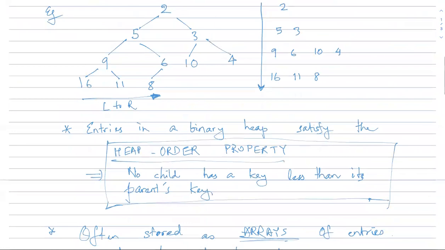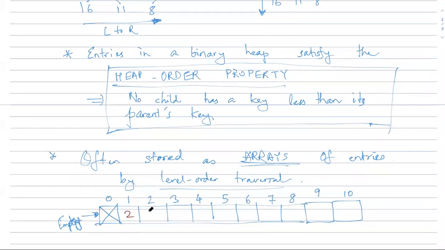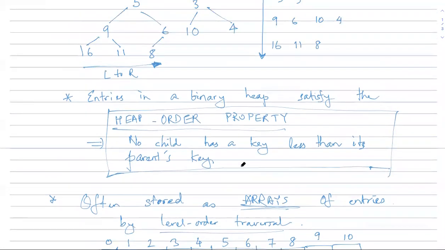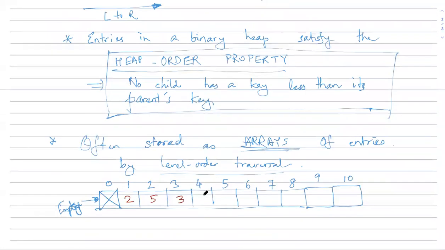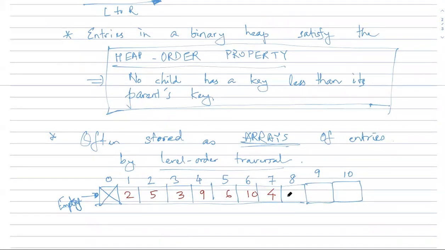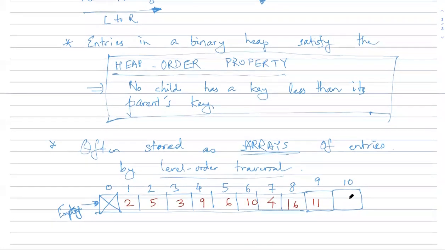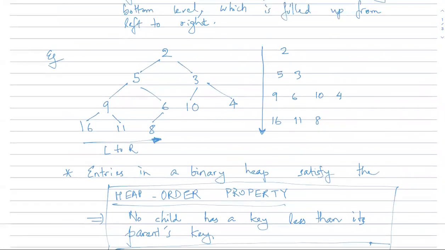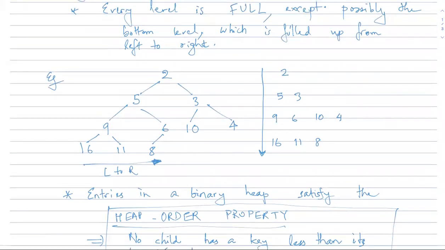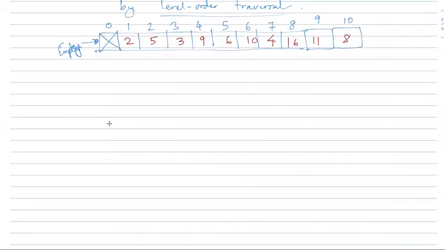So 2, 5, 3, 9, 6, 10, 4, and then 16, 11, and then 8. So let's place this side by side.